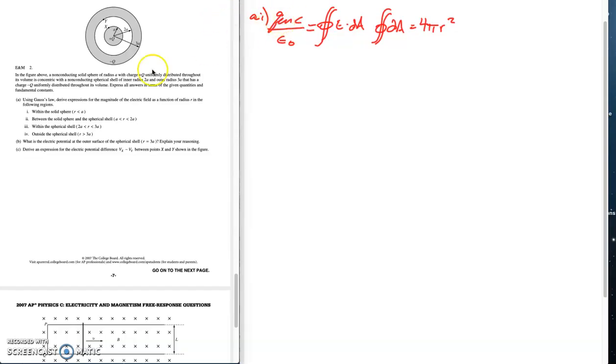Q enclosed is the one that changes based on where we're looking. So for part 1, within the sphere, we need the volume within the sphere. So this volume here is 4/3 pi little r cubed, and that is going to be related to 4/3 pi big R cubed because it is uniformly distributed. So the ratio of little charge to little volume is the same as the ratio of the big charge to the big volume.